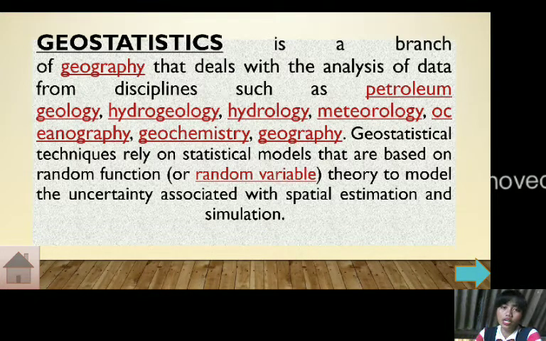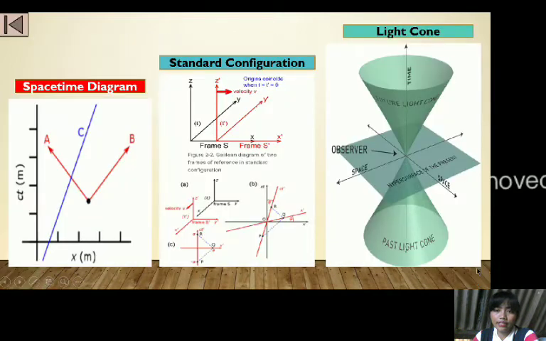Geostatistics is a number of simpler interpolation methods and algorithms such as inverse distance weighting, bilinear interpolation, and nearest neighbor interpolation were already well known before geostatistics. So here are the examples of the use of statistics in geostatistics.